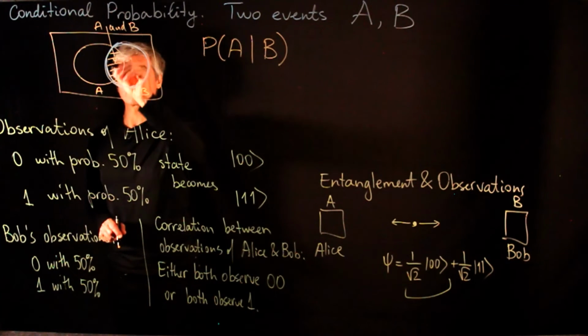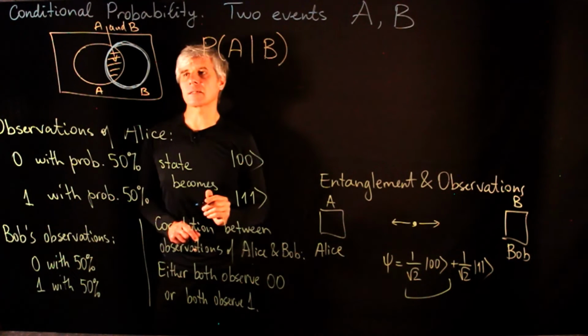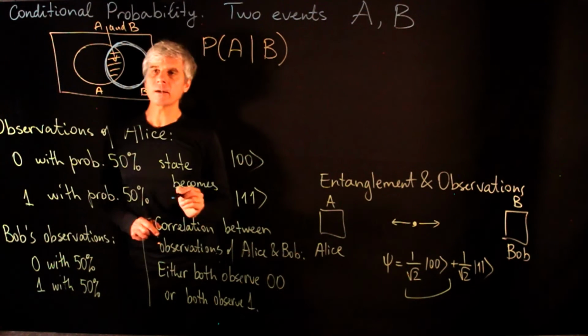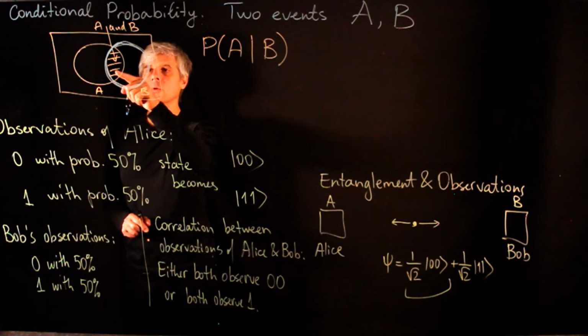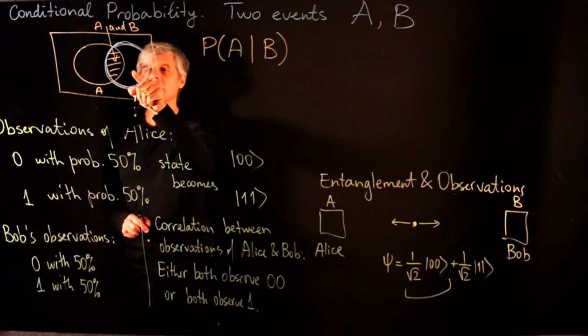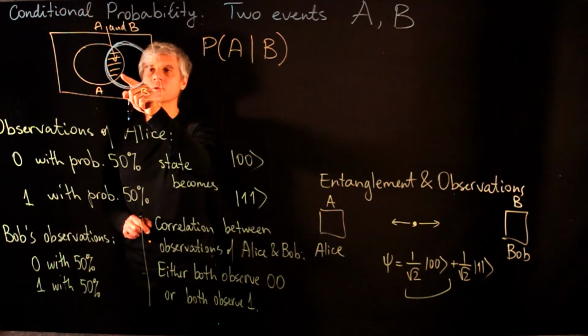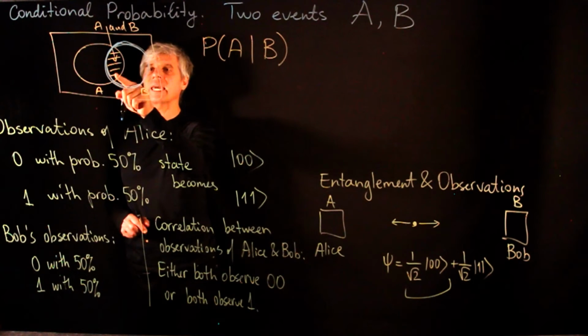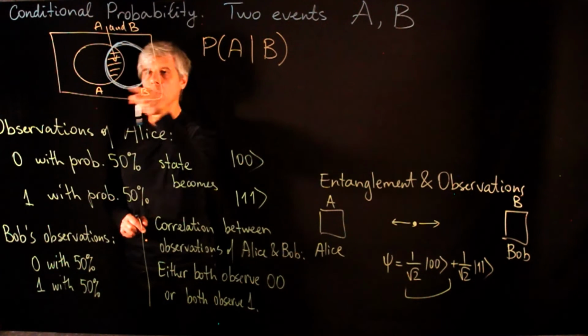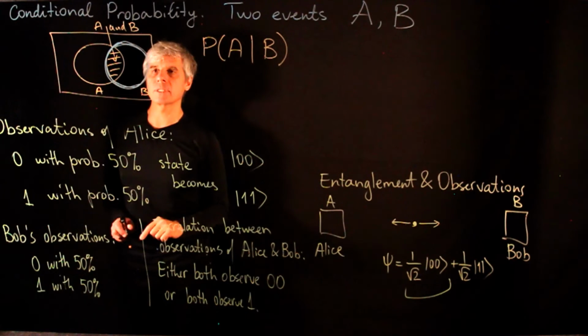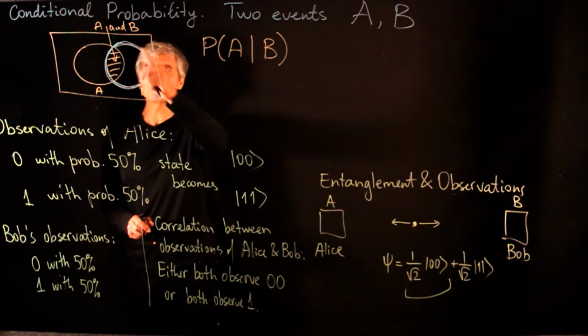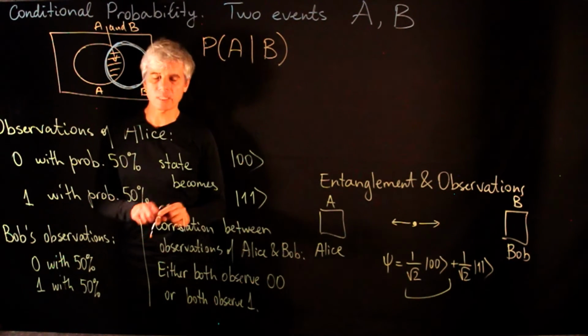So we kind of restrict our space here. And we want to see what's the probability that A happens, provided that we only consider the cases where B happens. So this means that we limit our universe to just event B.